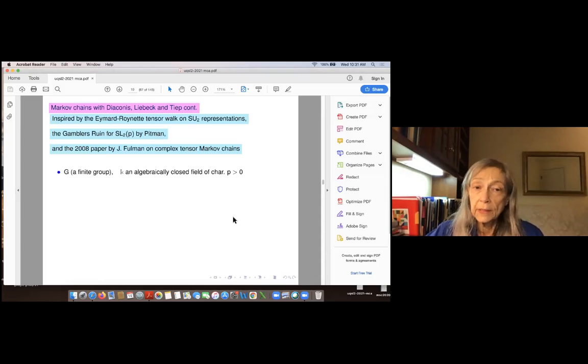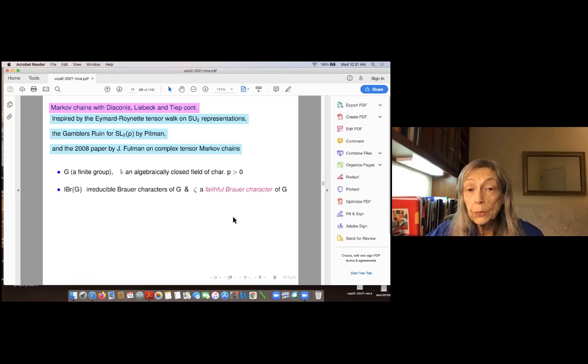So take a finite group, take an algebraically closed field of characteristic p, and look at the irreducible Brauer characters. Brauer characters are just a certain kind of character that play a very important role in modular group theory. Take the p-prime conjugacy class representatives, so the orders of the elements in these classes are relatively prime to p.